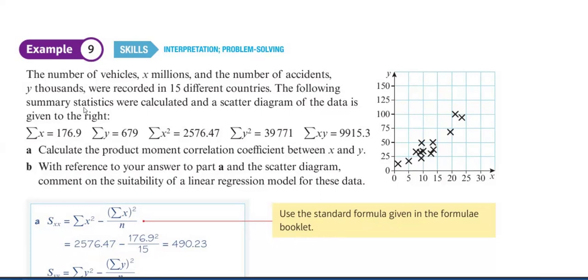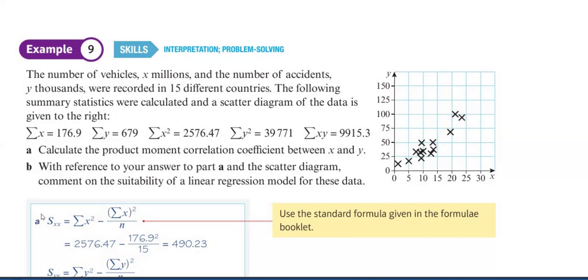The following summary statistics were calculated and a scatter diagram of the data is given to the right, like this. You can see it has a positive gradient, therefore positive correlation. Sigma x, sigma y, sigma x squared, sigma y squared, sigma xy, all data given. Calculate the product moment correlation coefficient.